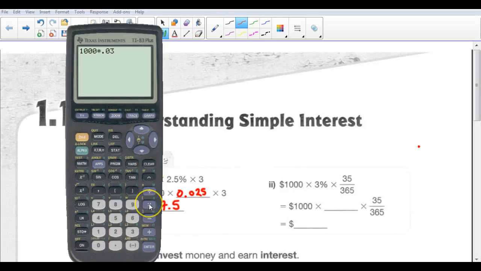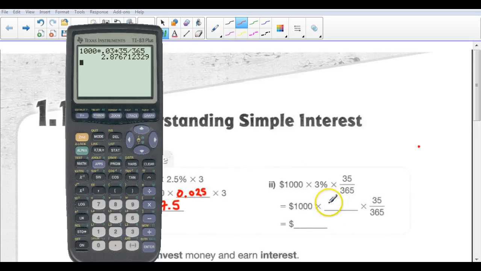We can multiply it by 35, and then we hit the divided sign if you have a calculator like this, and it will take that 35 and divide it by 365. It will do that order of operations first, and then multiply it by 0.03, and then multiply it by 1,000. Okay, and we get 2.87.